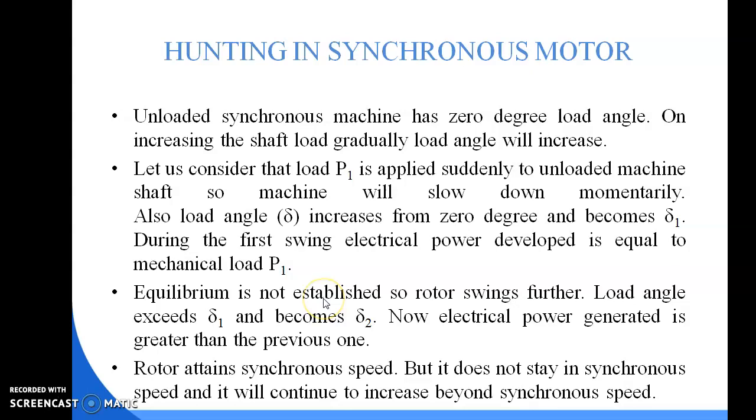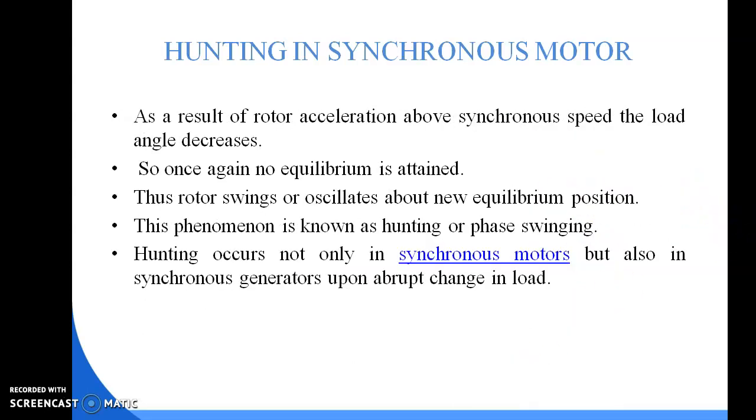Equilibrium is not established, so rotor swings further. Now, the load angle exceeds delta 1 and becomes delta 2. Now, electrical power generated is greater than the previous one. The rotor attains synchronous speed, but it does not stay at synchronous speed and it will continue to increase beyond synchronous speed.